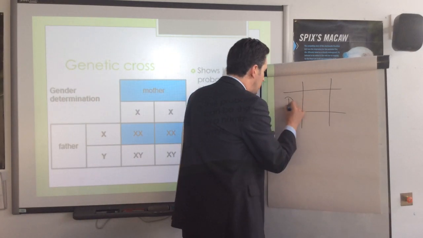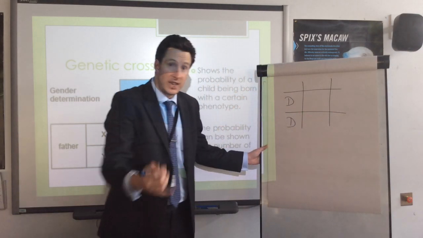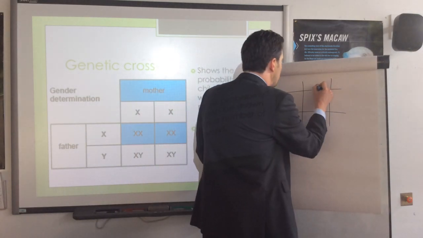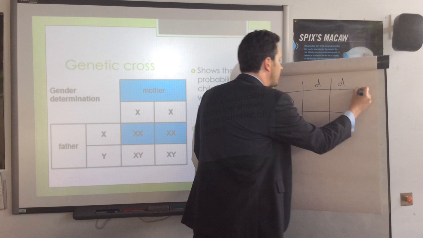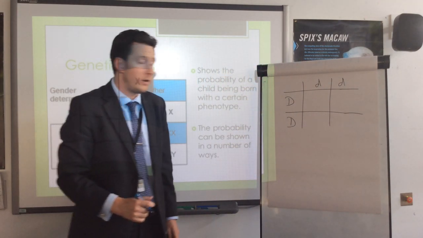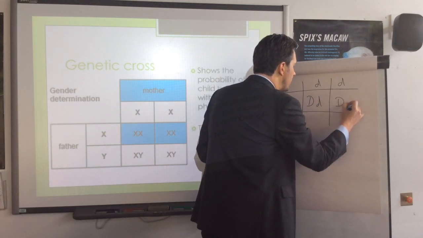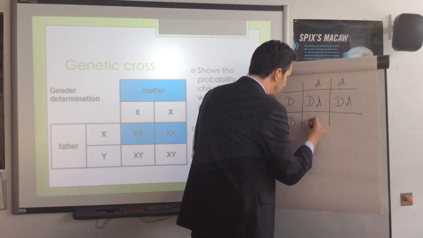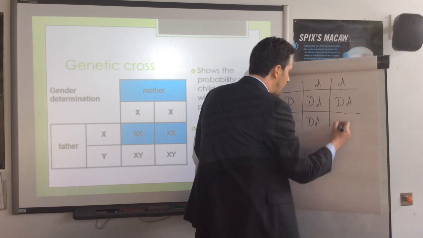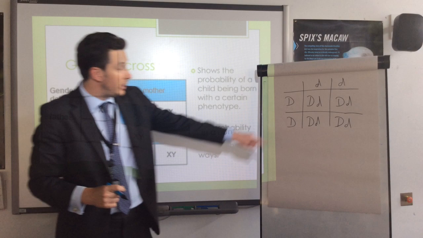I will do the two of the dominant here, and then I will do, well, let's say someone who is recessive, has the recessive characteristic, the dominant is always going to take over from that. So all of these combinations will have the dominant gene in them. If I try it, all of them are going to have the dominant gene.